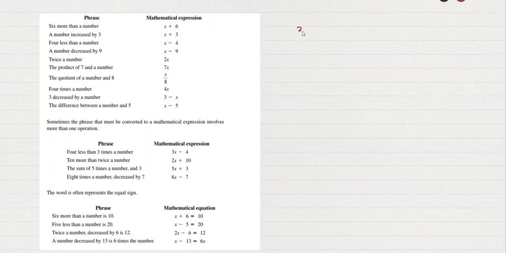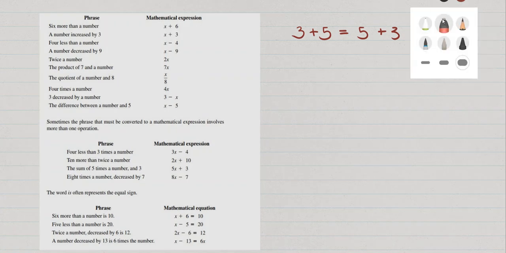And when I say addition is commutative, that means that 3 plus 5 is, of course, the same as 5 plus 3. But for the fine detail of this video, I'm going to be really picky about the mathematical expression that uses addition with regards to which one we're going to list first.